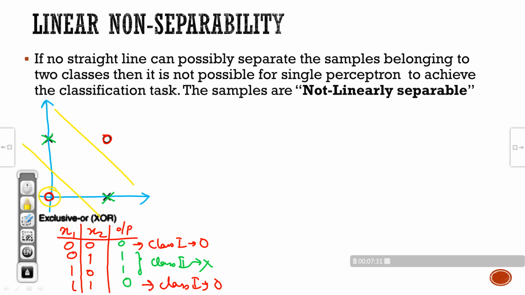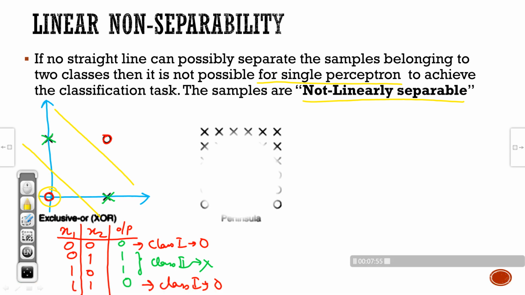A single line means a single perceptron. If a single perceptron cannot separate the two classes, then it is called not linearly separable, or a linearly non-separable problem. So we move on to the next example.